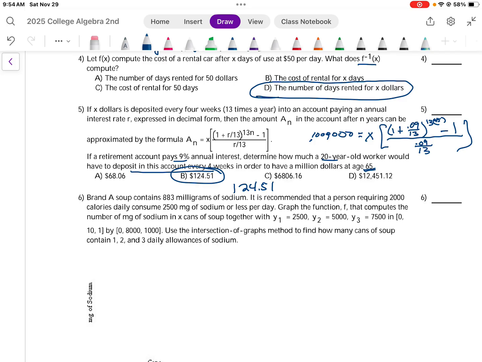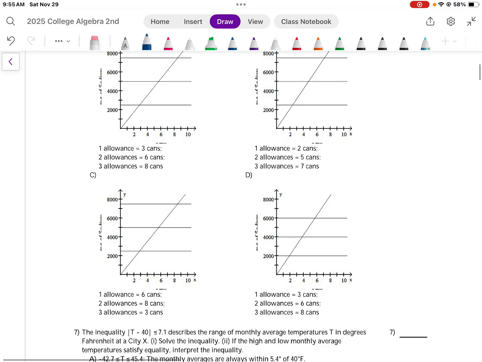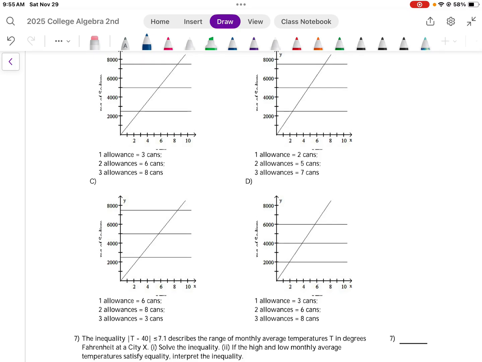They tell us basically if I have 1 can is 2,500, 2 cans is 5,000, and 3 cans of soup is 7,500. They told you how to set up your window in your graphing calculator and try to use the intersection of graph tool to figure out how many cans of soup and so forth. So right now, we're just trying to match the picture to what we're having here.